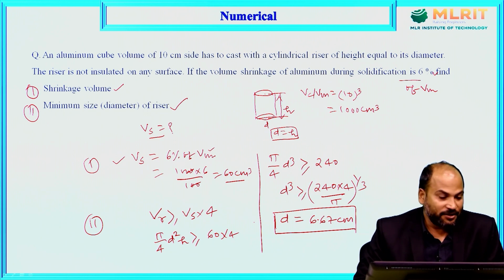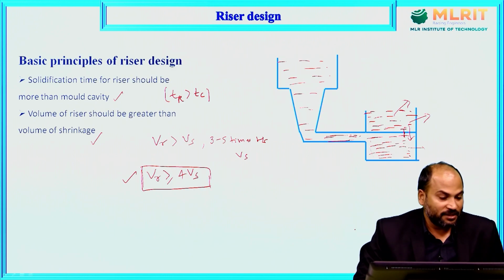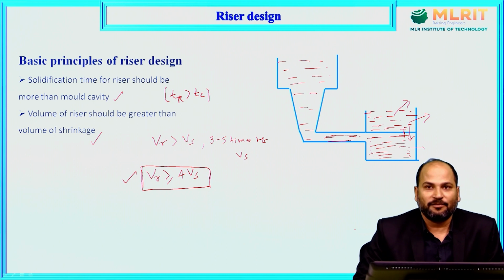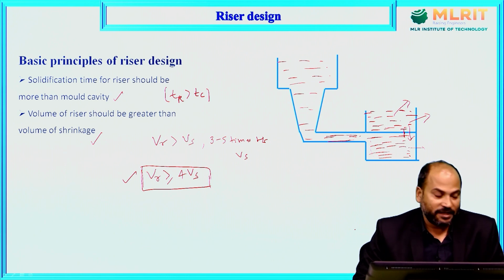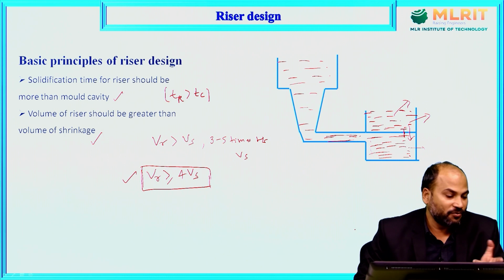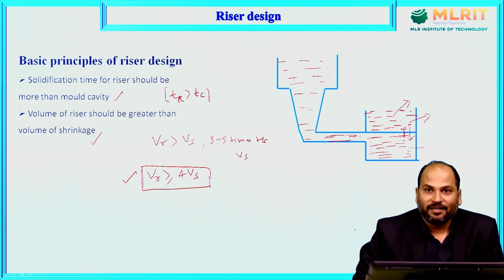If you remember, I told you that during the design of the riser, there are two basic parameters that we need to consider. The second parameter we are fulfilling here, but what about the first parameter, that the solidification time in the riser should be minimum? So we will also have to check from this first criterion.